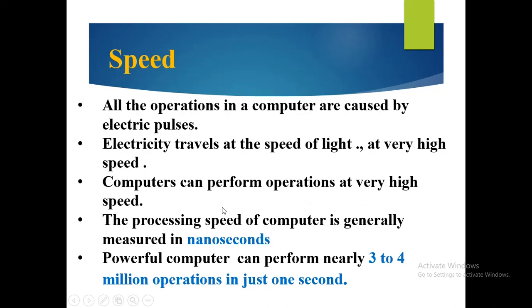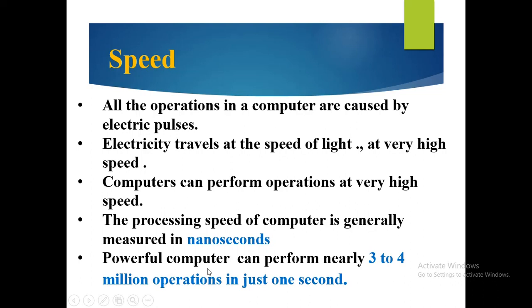The processing speed of a computer is generally measured in terms of nanoseconds. Nano is smaller than micro, so it is a very small unit.